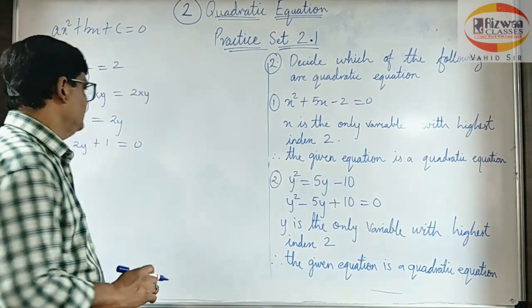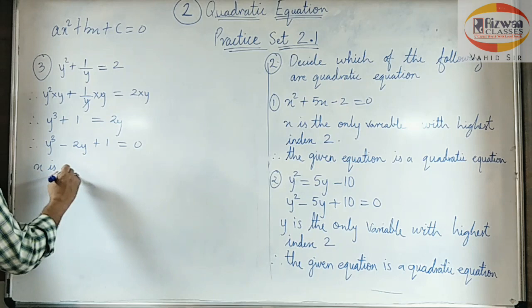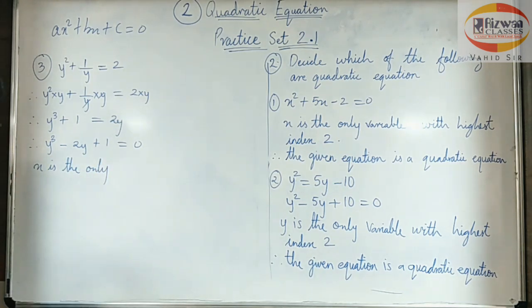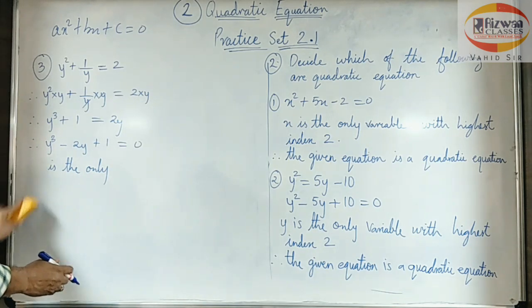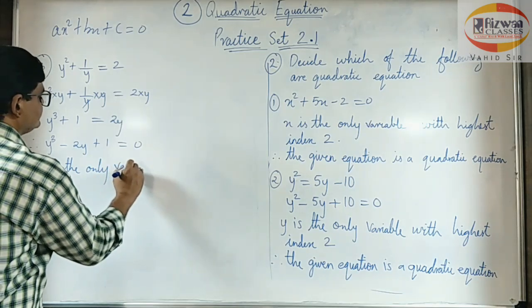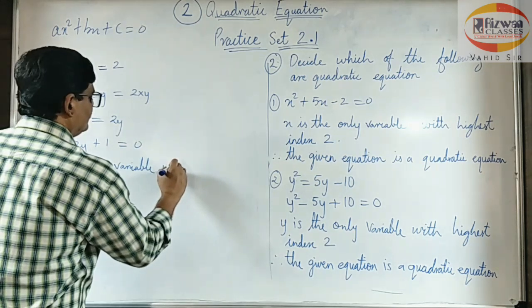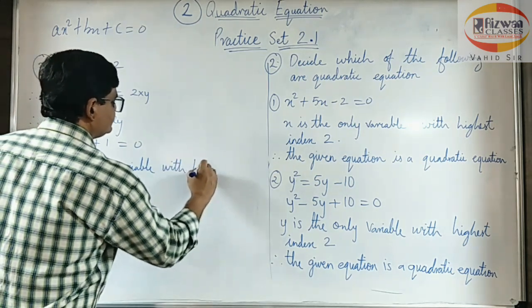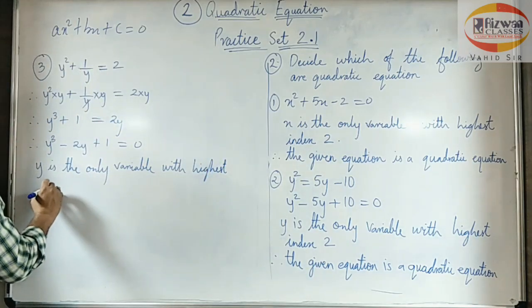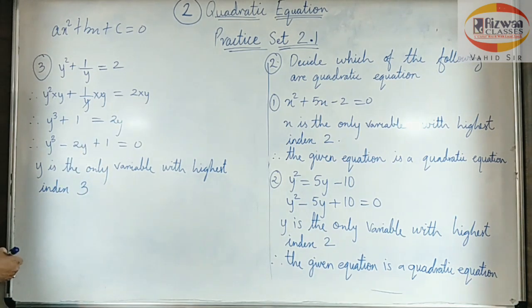So you have to write it that way. Here there is no x, here there is y. So I have to write: y is the only variable with highest index 3. Can you see that the highest index is 3?